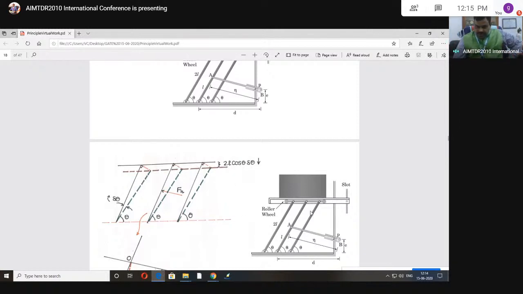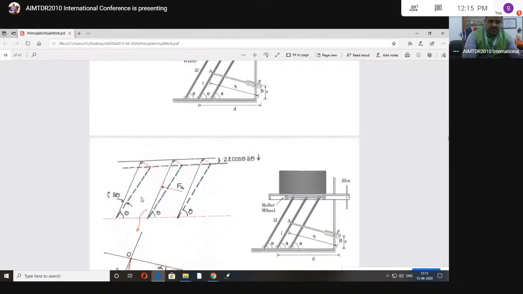This is L, along this L cos theta, and this is L cos theta, and this is L sin theta. Like that, you can count the value and obtain the delta theta as well as the translation part. Okay.